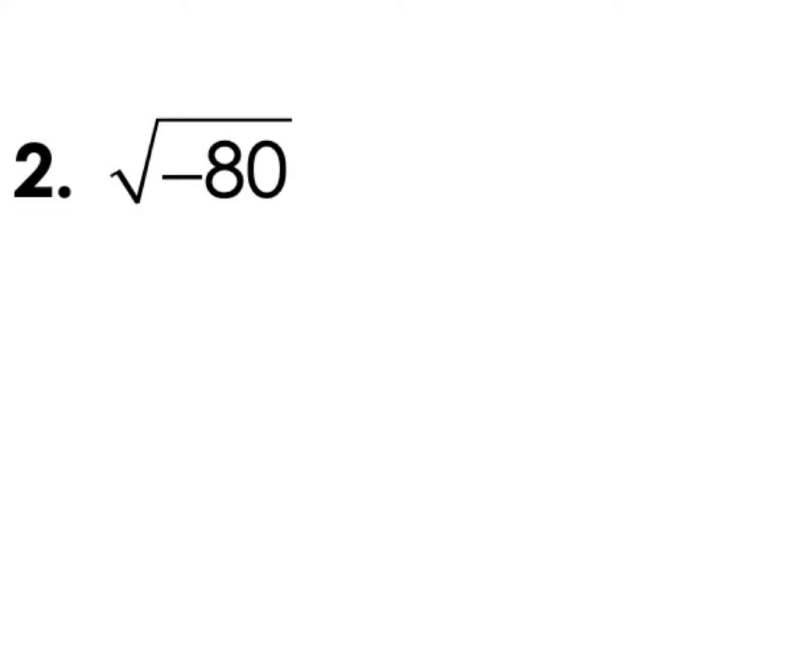So here we have negative square root of negative 80. So I'm going to rewrite this as the square root of negative 1 times 80. And then this is going to be the square root of negative 1 times the square root of 80, which will be i square root of 80.